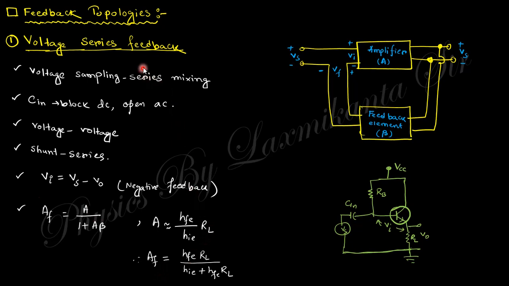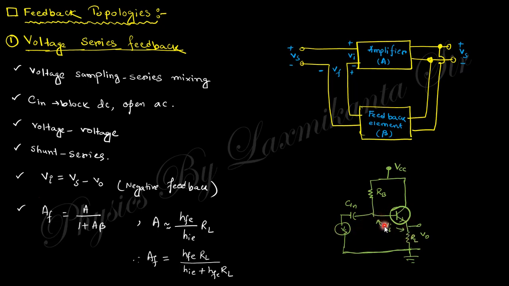Now for feedback topologies, there are four: voltage series, voltage shunt, current series, and current shunt. Voltage series means the output voltage is fed back in series, so it is voltage sampling with series mixing. Here is a block diagram, and this is the actual circuit using a transistor. The output voltage is fed into the input portion.